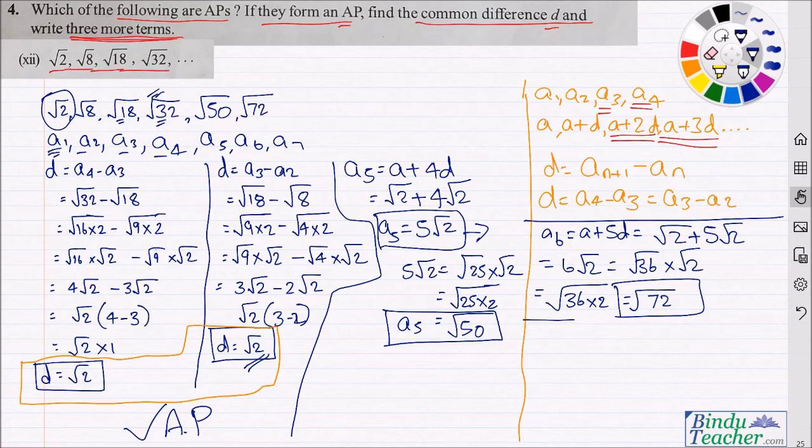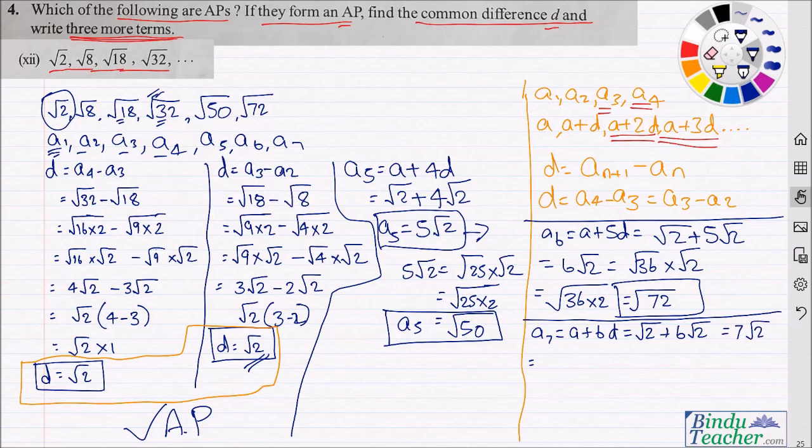Now there is one more number that we have to calculate, which is a of 7. a of 7 is equal to a plus 6d, which equals root 2 plus 6 into root 2, which equals 7 into root 2.